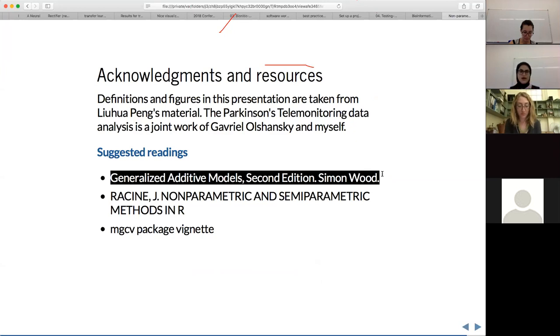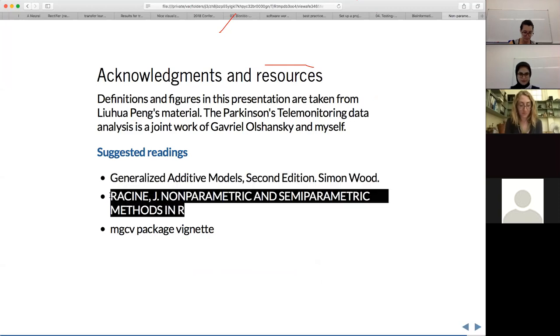I hope you appreciated that GAM models and the mgcv package are really flexible. It's really a great package. Lots of potential for someone who is dealing with data sets that could be modeled using these kinds of non-parametric, semi-parametric models. I really like this article by John Racine, and I highly recommend it as an introduction.